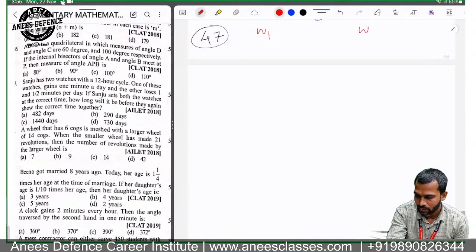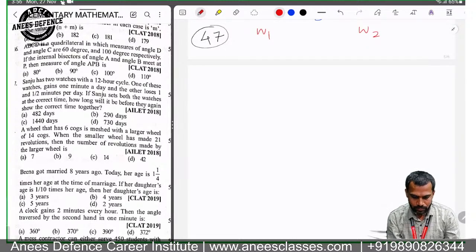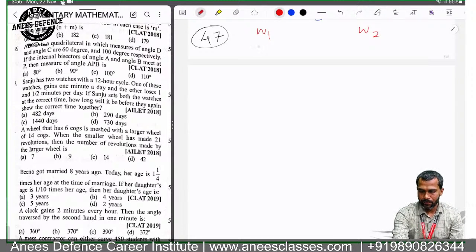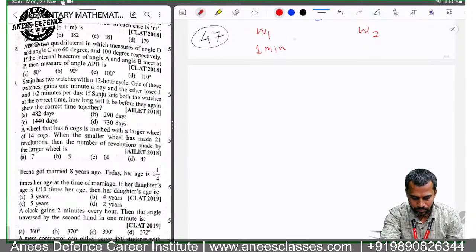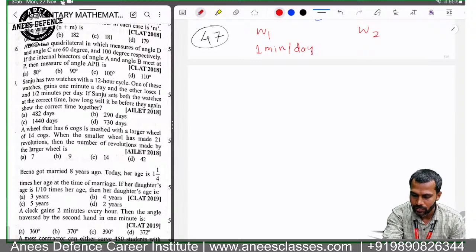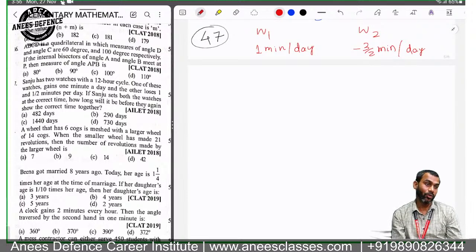Watch 1 gains plus 1 minute per day, and here watch 2 is minus 3/2 minutes per day. Yes or no? Please try. After how many days will they show the correct time, I mean, both of them? LCM or HCF we need to find. That is the hint. Please try.